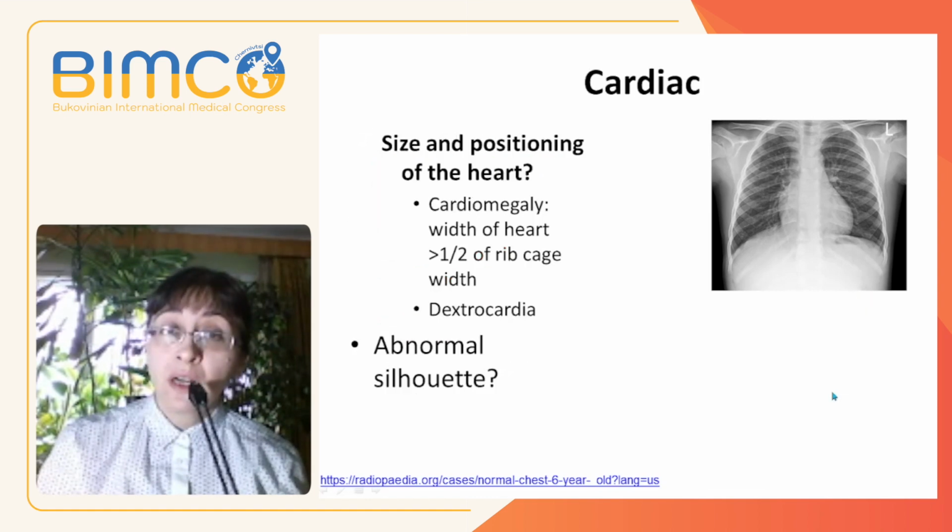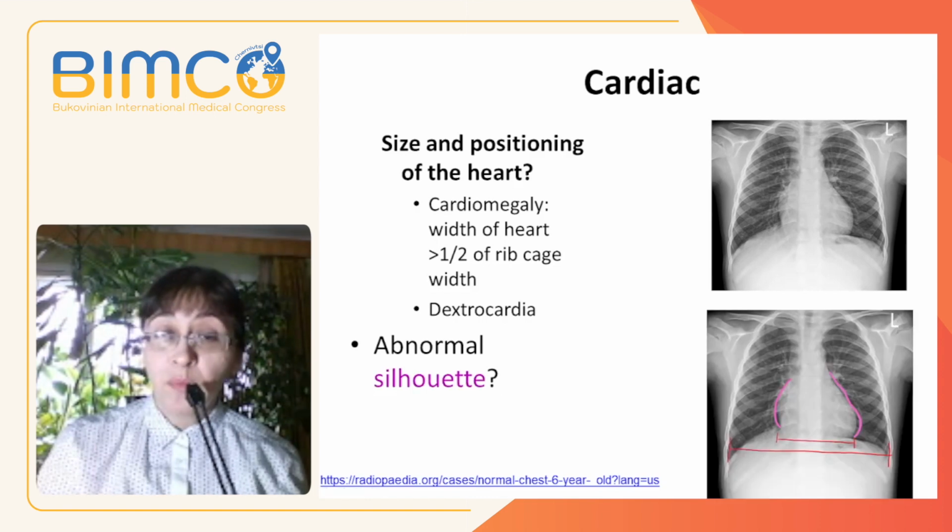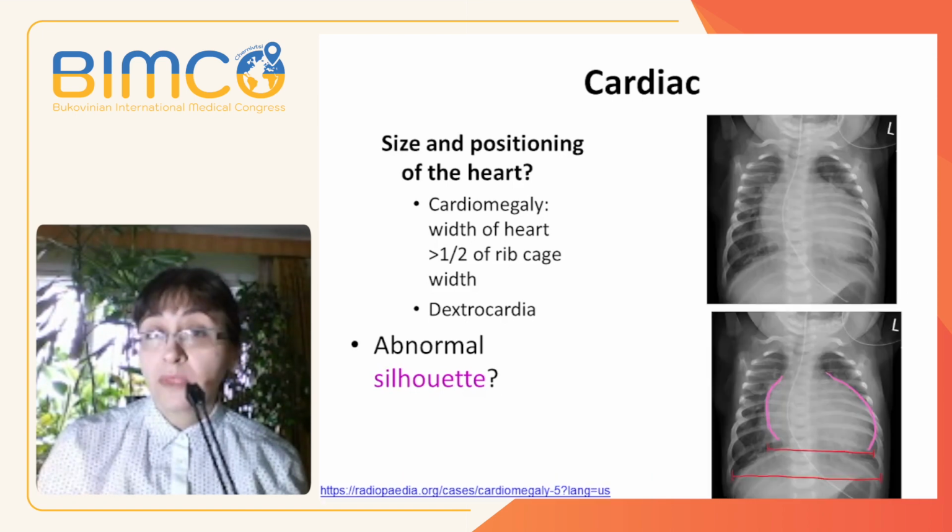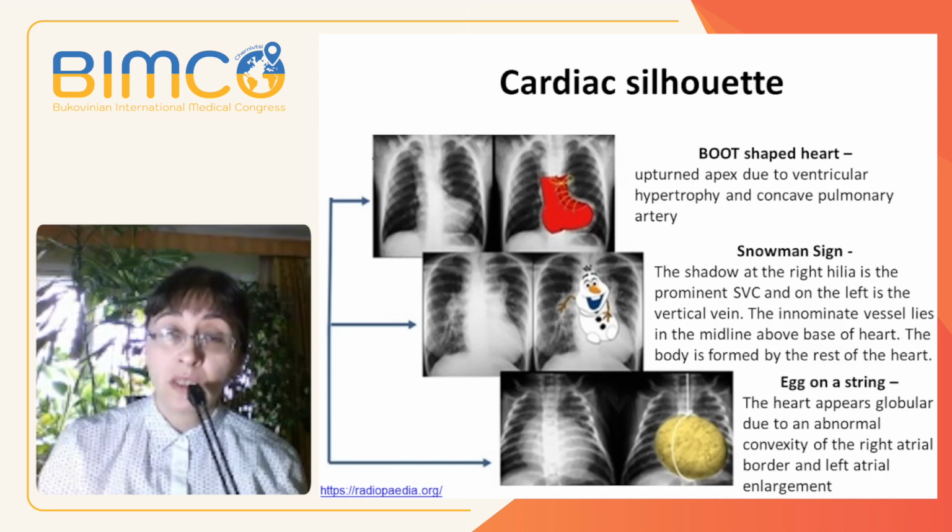And check the cardiac silhouette and position of the heart. For example, in these pictures, we may observe normal heart size because the cardiothoracic index is less than half of the rib cage width, no dextrocardia, and in this picture, we may observe cardiomegaly because the cardiothoracic index exceeds 50%. What about abnormal heart silhouette or shapes?